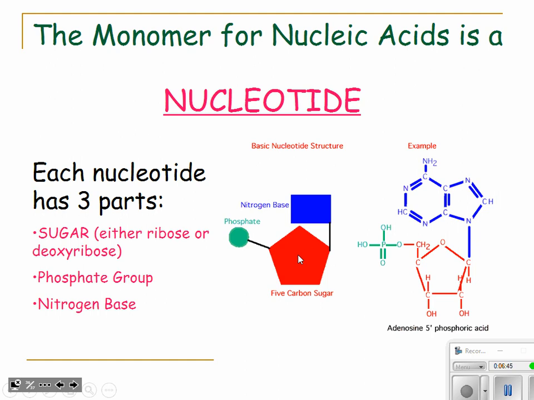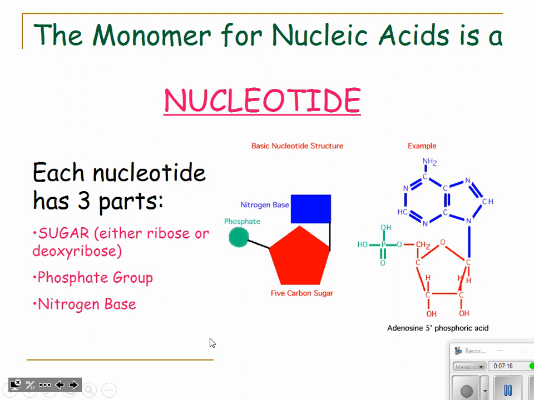The phosphate groups are similar. The nitrogenous bases, and we'll discuss this more later, we could have different nitrogenous bases. Some of the nitrogenous bases, have you ever heard of cytosine, guanine, thymine, adenine, uracil? Those are the 5 nitrogenous bases that go onto a DNA or an RNA molecule.